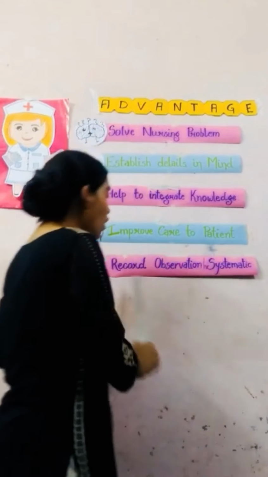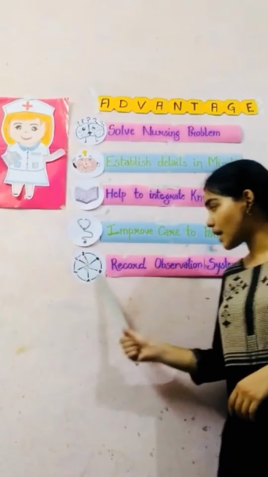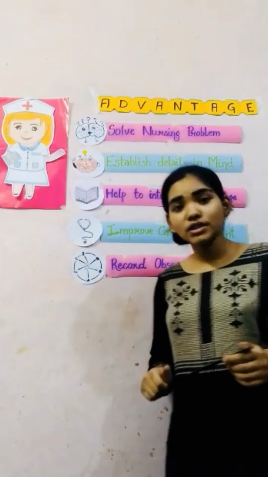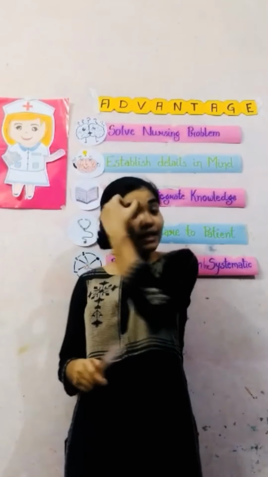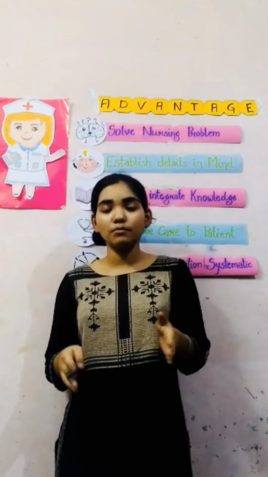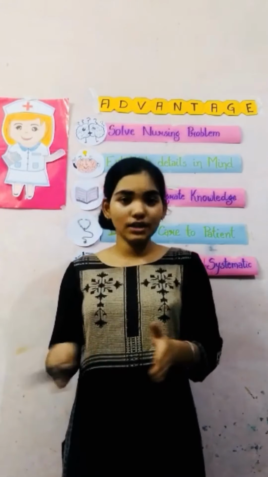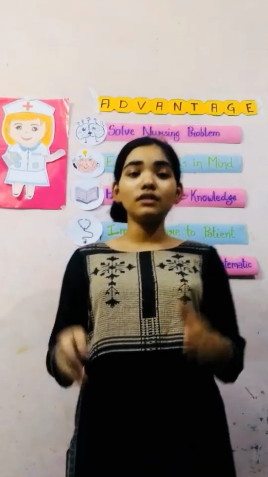Then record observations systematically. Record observations systematically means, if the patient has a urinary tract infection and a nurse is assigned, that nurse should check the urine of that patient from day to night.